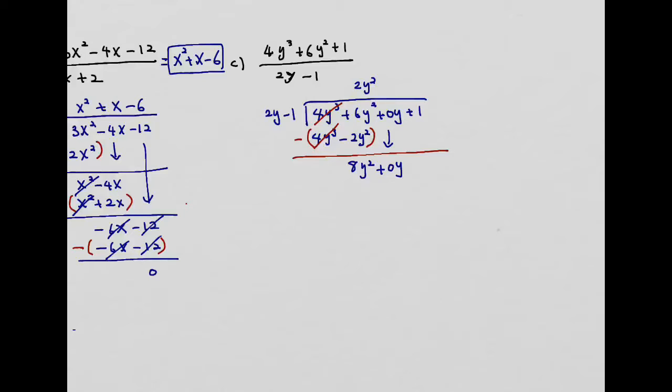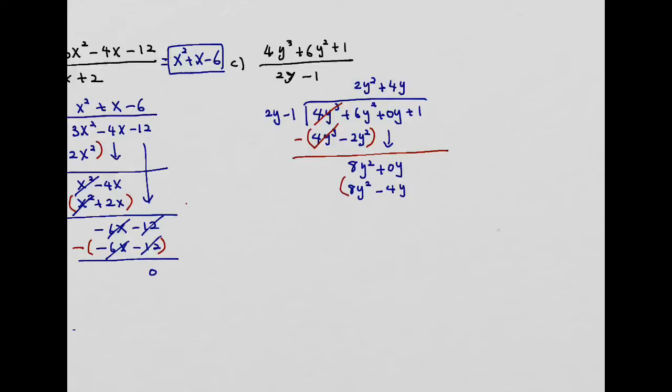And now, repeating that procedure, what do you need to multiply 2y by to become 8y squared? That will be positive 4y. And when you multiply 4y into 2y minus 1, you get 8y squared minus 4y.